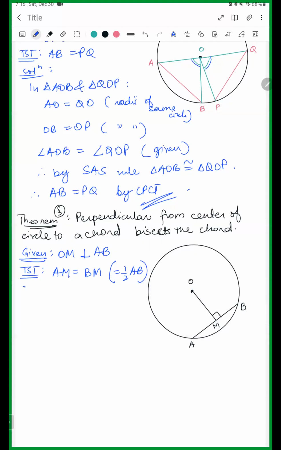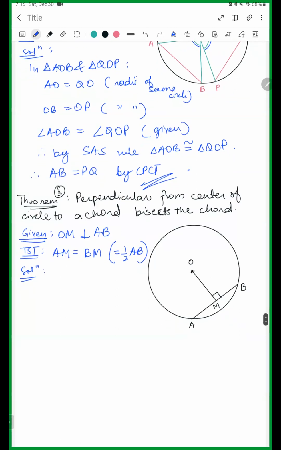So, solution. Try making this into a triangle. Okay, so here we have two triangles.